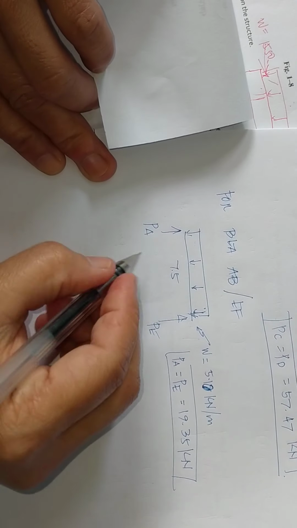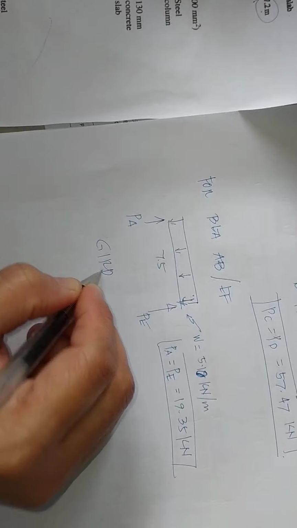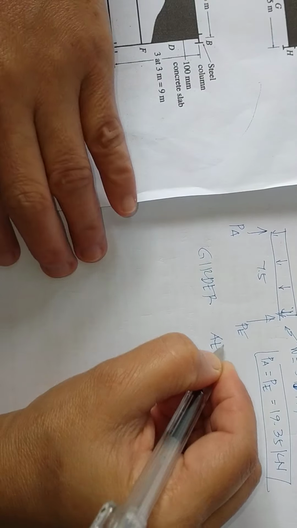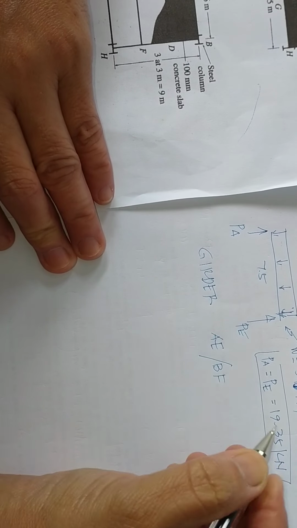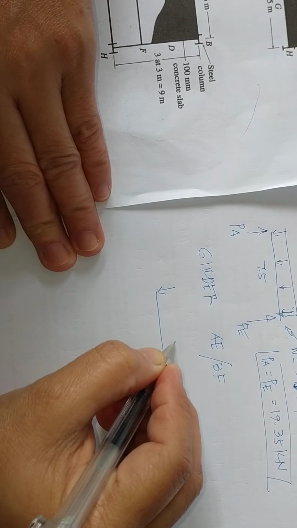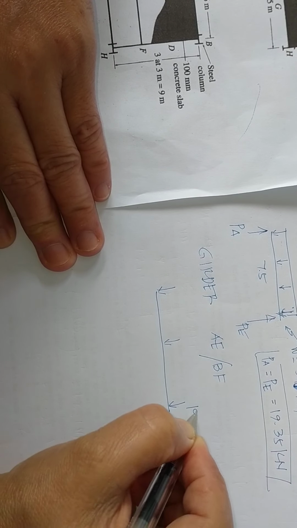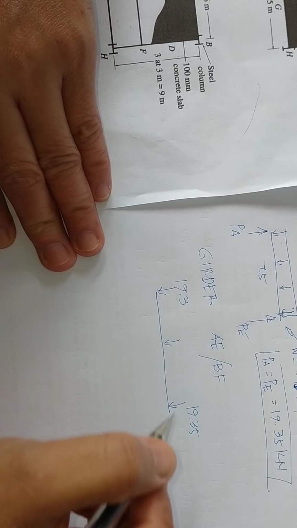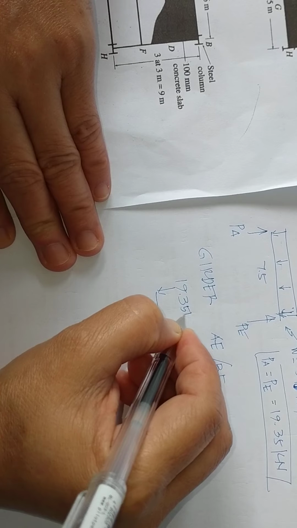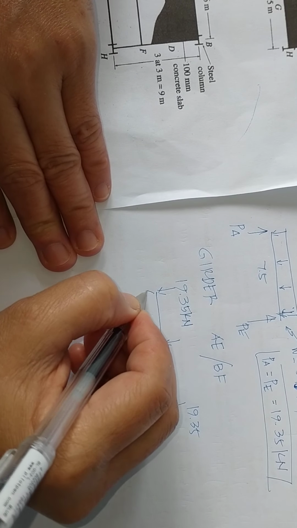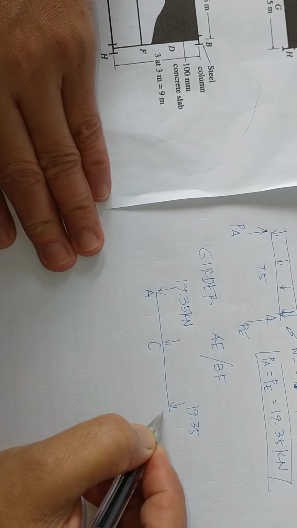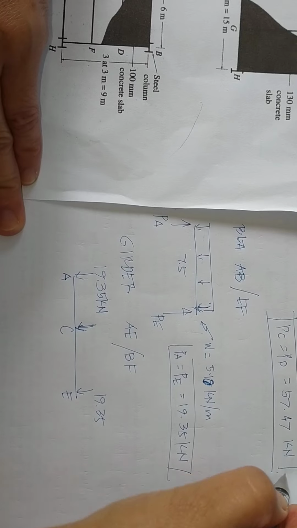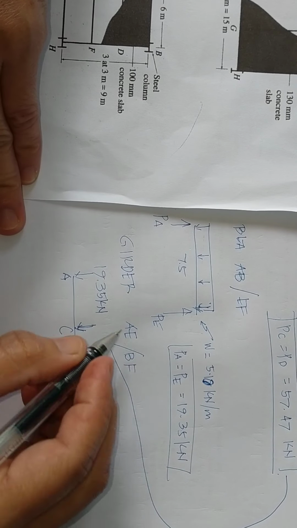So for the girder AE, girder BF, we have the concentrated load here. This is 19.35 kilonewton for both A and E. This is point A, this is point C, this is point E. This one will be what we computed, PC.